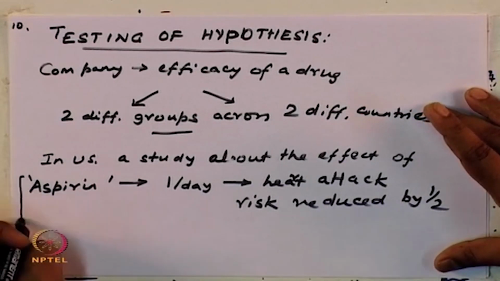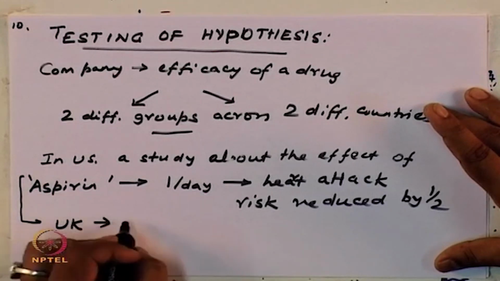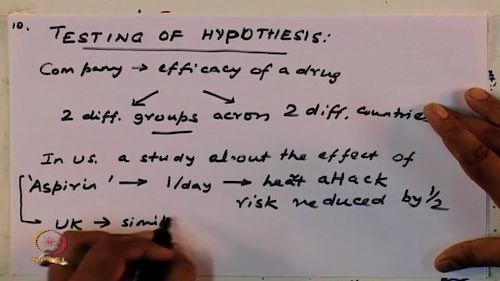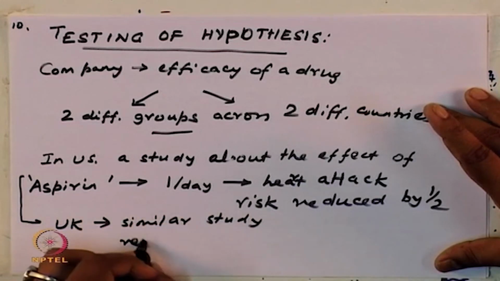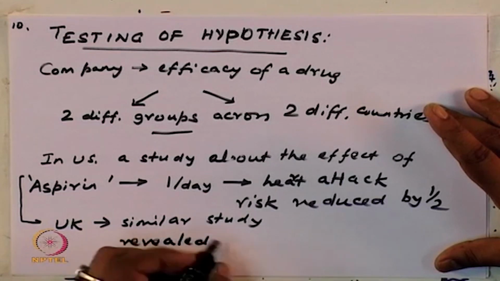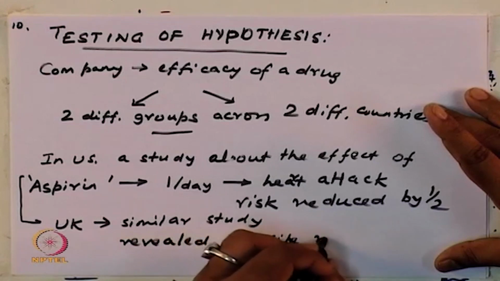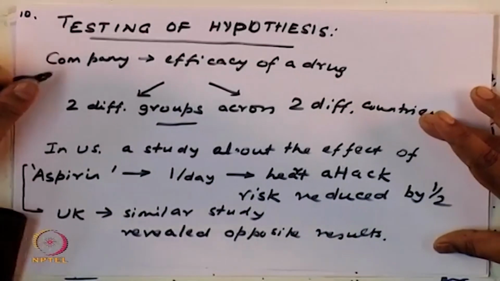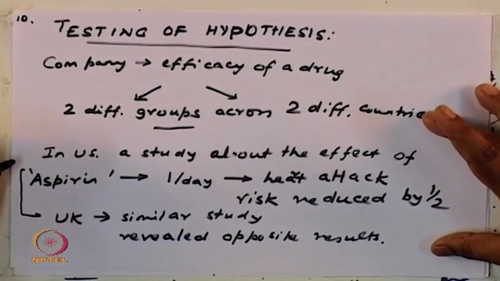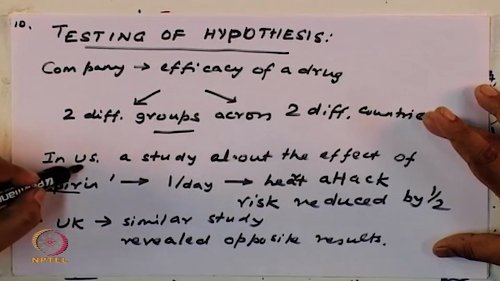Intriguingly, in a very short period after the study came out, in the UK a similar study revealed opposite results. So, this is very intriguing. How is it possible that the same drug is working in one country and not in the other?